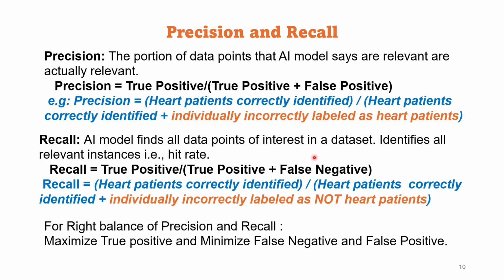Let us understand precision and recall with the same healthcare AI model developed to identify cancer disease. We want to find all patients who actually have the cancer disease. In this case, we can accept a low precision if the cost of the follow-up examination is not high. What is low precision?